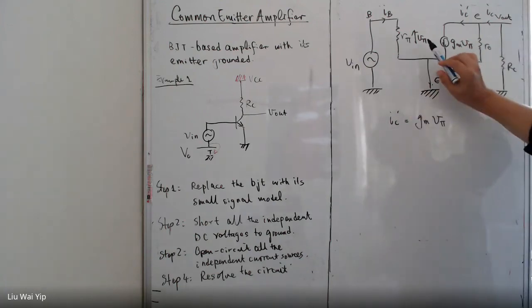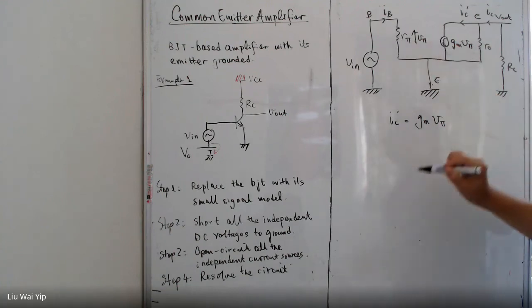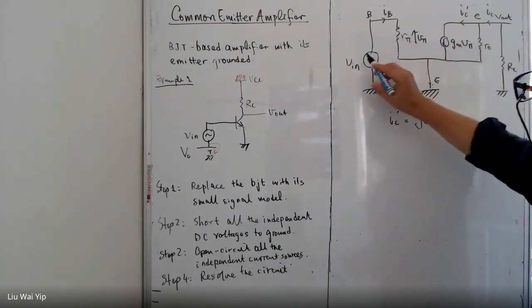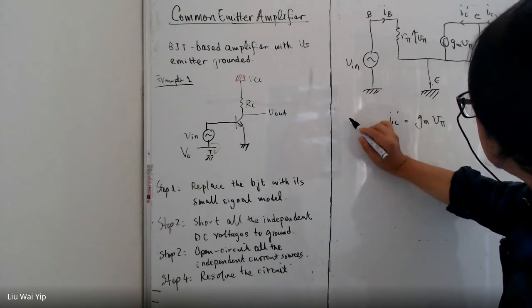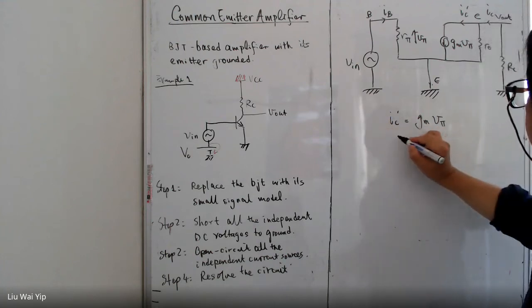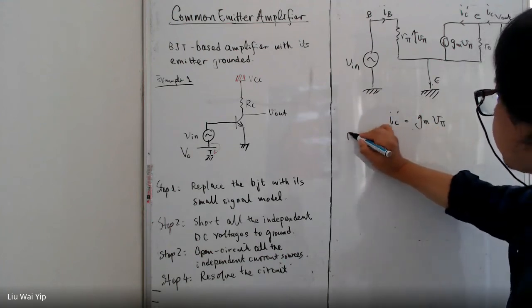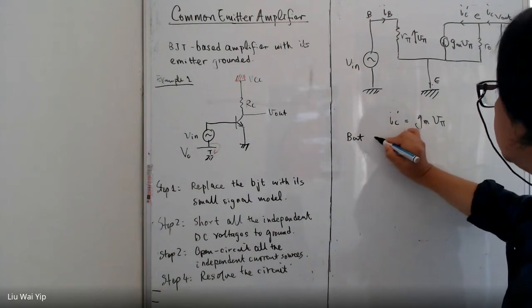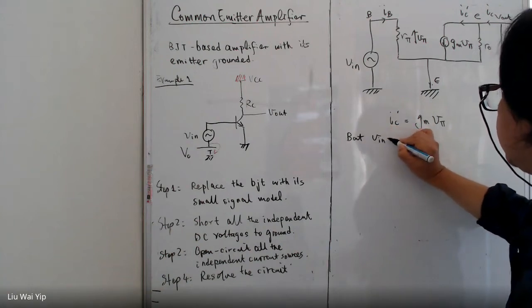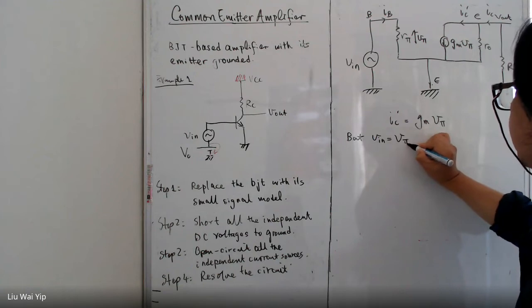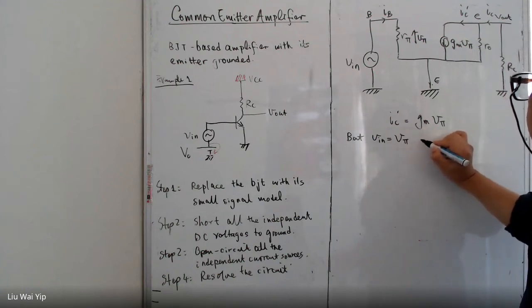And do not forget that V pi here is actually equal to Vin. So we write down another fact here: Vin is equal to V pi.